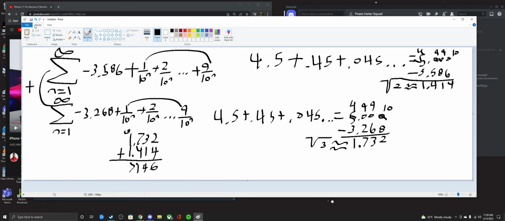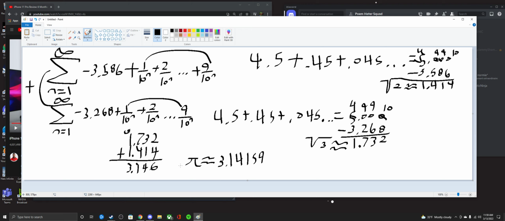So we get 3.146, which is really close to pi. Pi is, well, approximately equal to 3.14159. So our decimal approximations of root 2 plus root 3 is really close to pi.